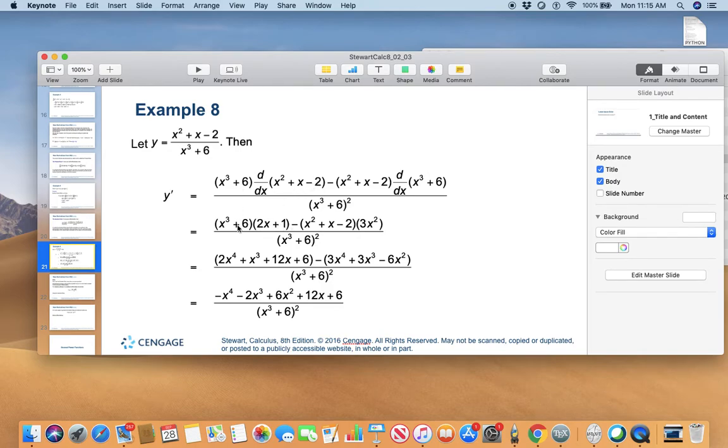Okay, denominator as it is, minus numerator as it is, derivative of the bottom, 3x squared plus 0. Okay, now simplify. Remember, there is a subtraction, so keep the second piece at least in parentheses. They have simply multiplied it out, subtracted another multiplication, and you get a result.